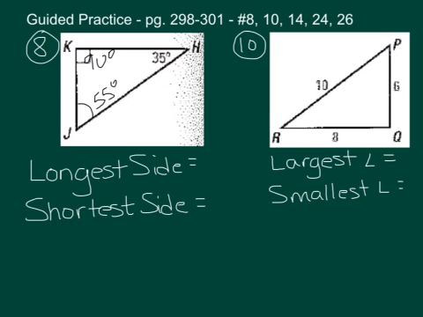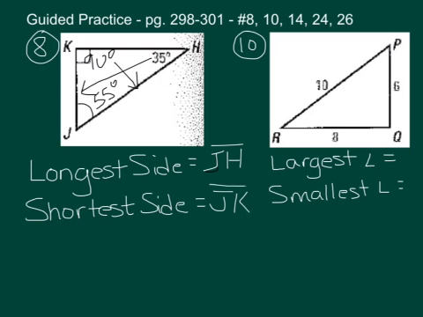So the longest side is the one opposite of the largest angle, which is JL. The shortest side is the one that's opposite the smallest angle, and the smallest angle is 35, so the side that's opposite of that is JK, or KJ.